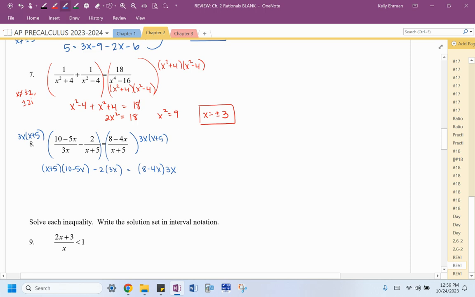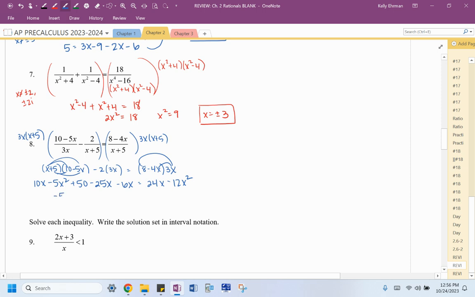The x plus 5's will cancel there. So we've got to FOIL this out. This is 10x minus 5x squared plus 50 minus 25x minus 6x equals 24x minus 12x squared.